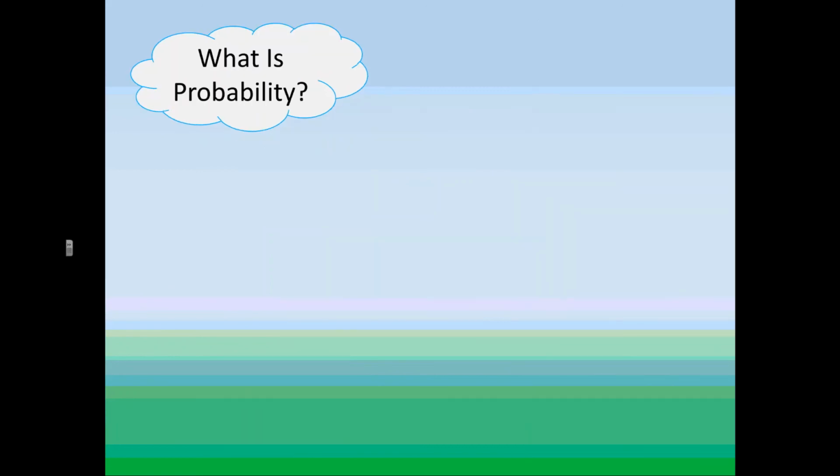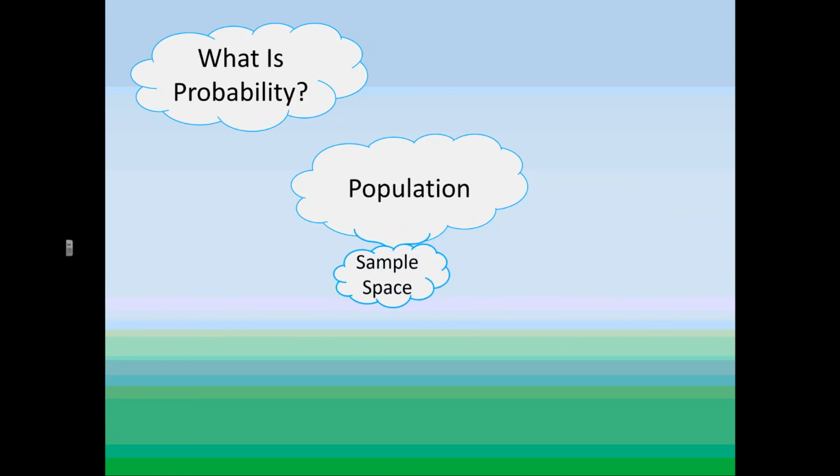Now that we understand how grades are calculated and what can happen after grades, I want to talk more about our beautiful population. In our population, we've got that sample space, and normally we write out the sample space, but there's easier ways to do that if you've got a nice two-way table.